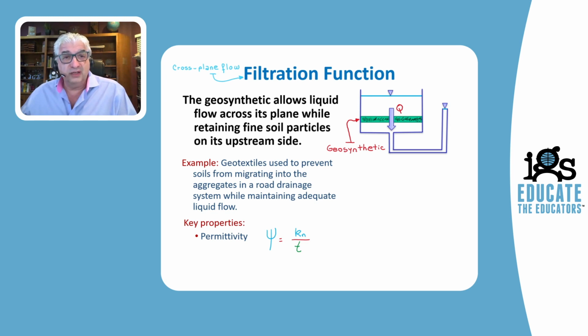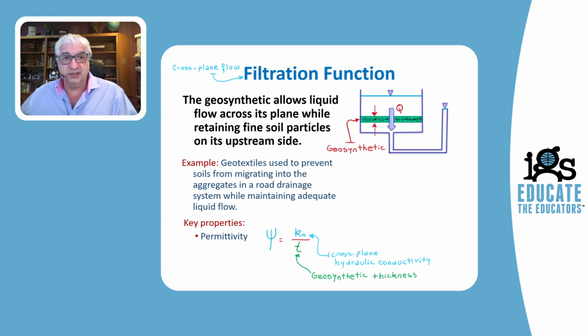The reason why we are combining the hydraulic conductivity and the thickness is that we do not want to have to establish how much of the hydraulic capacity of the geosynthetic comes from the hydraulic properties of the geosynthetic versus how much it comes from the actual thickness.